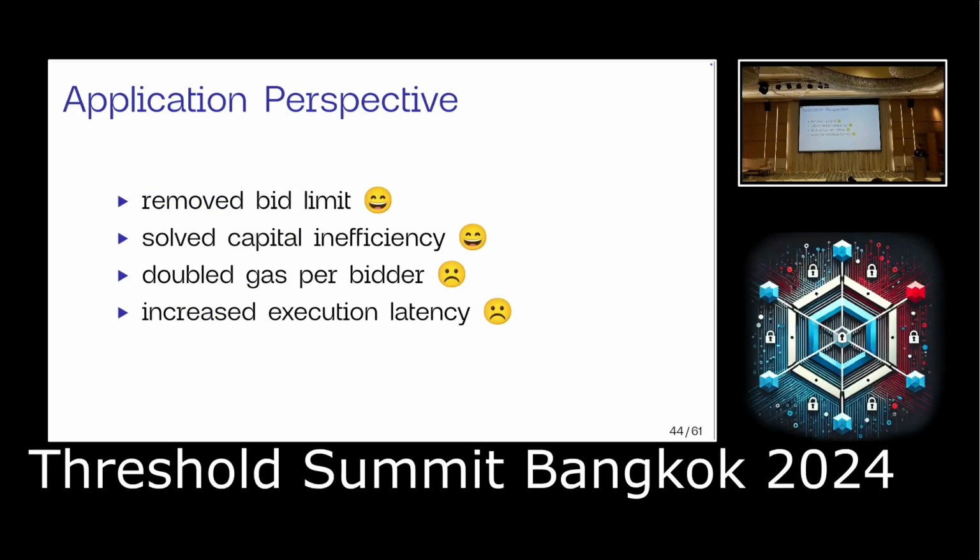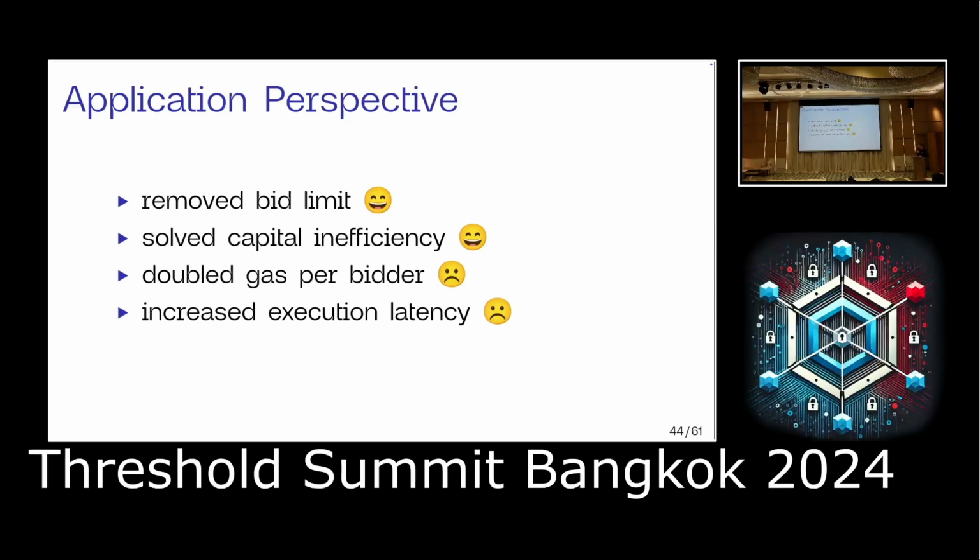Now, from the perspective of the application, what happens? So this is the sealed bid auction. We no longer need to have a bid limit, because in the initial version we did, because you need to over-collateralize your bid. And so that means that if your bid is higher than the limit, you have a problem.